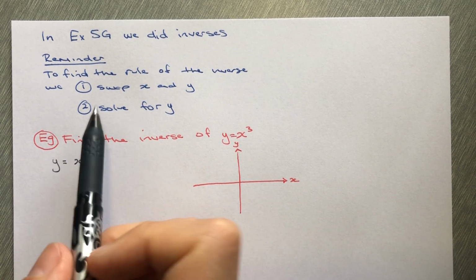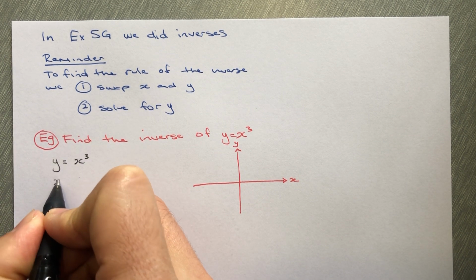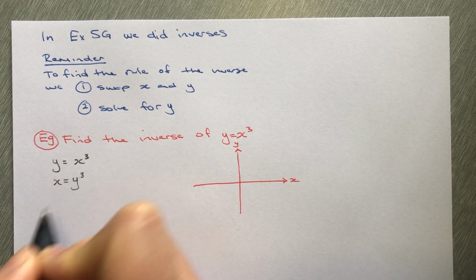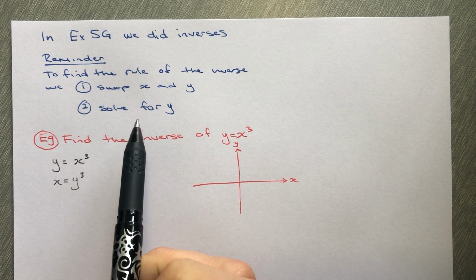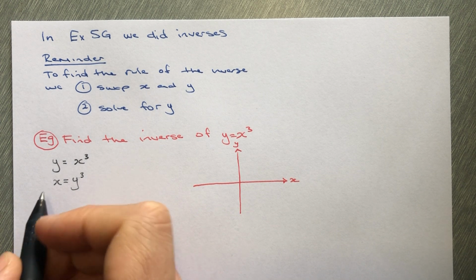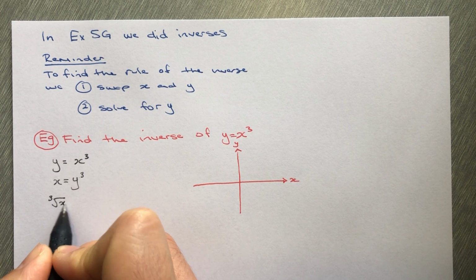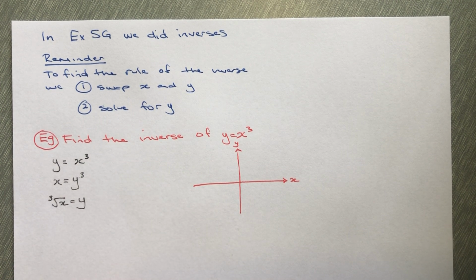Okay, so to find the inverse, I need to follow these two steps. I'm going to swap my x and y. And then I need to solve for y, or make y the subject. Okay, so I need to get this to the power of 3 out. We did this before, so you're going to end up having cube root of x equals y.